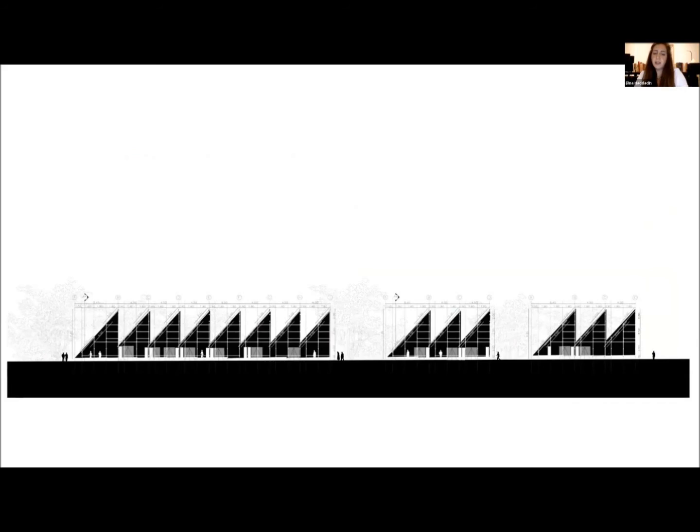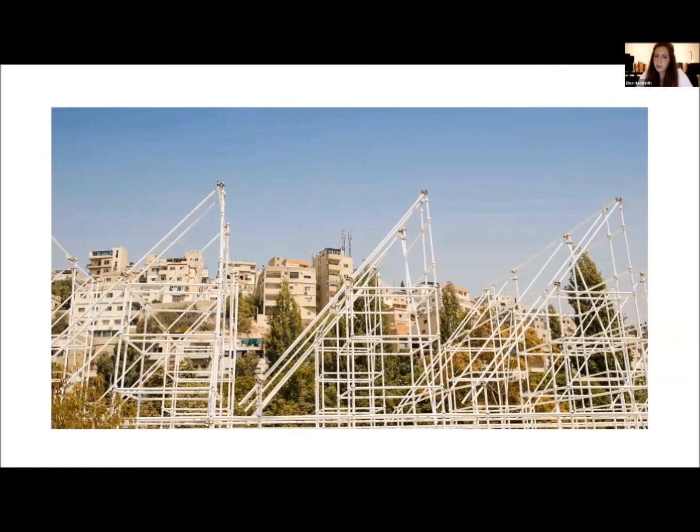So the Sail installation is a 100-meter long linear structure made up of 14 modular units, creating a temporary transient monument and the craft market for that year edition of Amman Design Week. So using the temporary scaffolding system as a skeleton, so it would be easy to really implement and dismantle in a very short period of time.